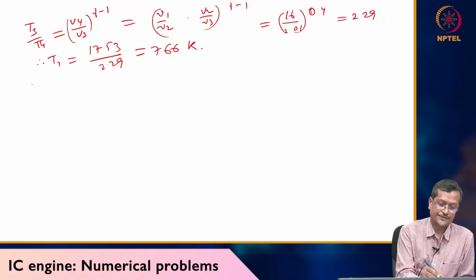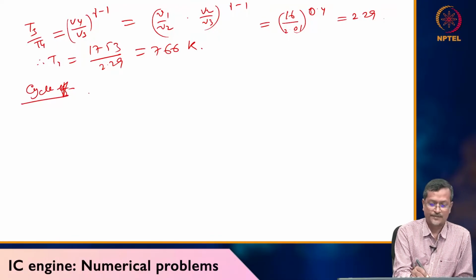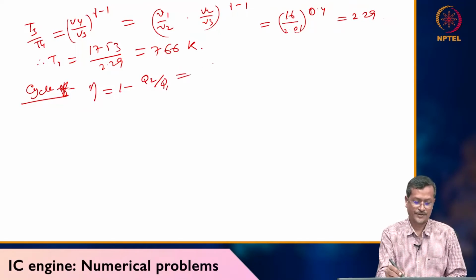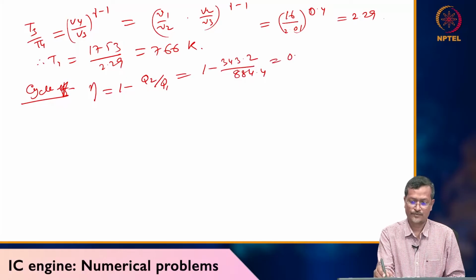Now the cycle efficiency, eta equals 1 minus Q2 by Q1, heat rejection divided by heat addition. So 1 minus 343.2 divided by 884.4 equals 0.612 or 61.2%.